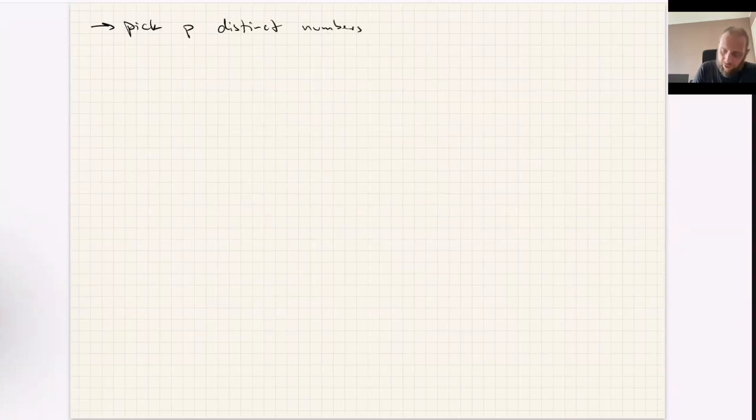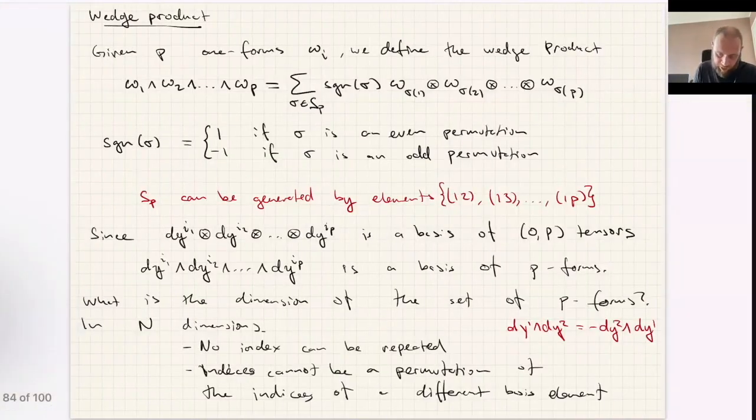So this means that we can pick p distinct numbers in the set 1 to n, unordered, and then put them into these wedge products.